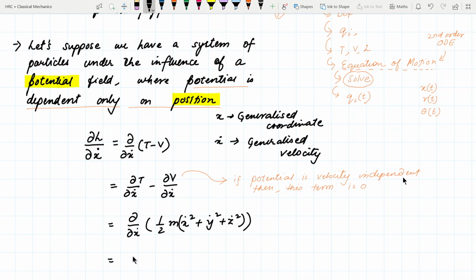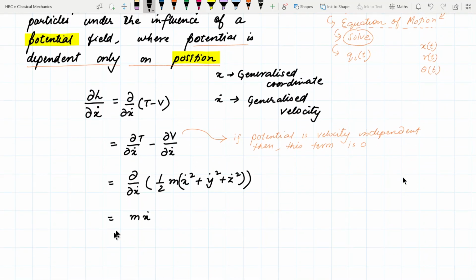So this simply gives us mẋ. Now mẋ is nothing but the momentum component along the x-axis, which is the linear momentum. mẋ means mv. So the partial derivative of the Lagrangian with respect to the generalized velocity gives something that replicates the linear momentum.